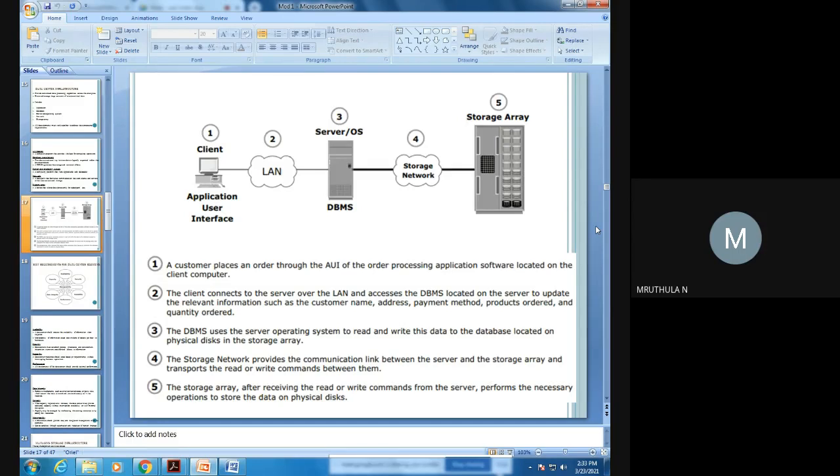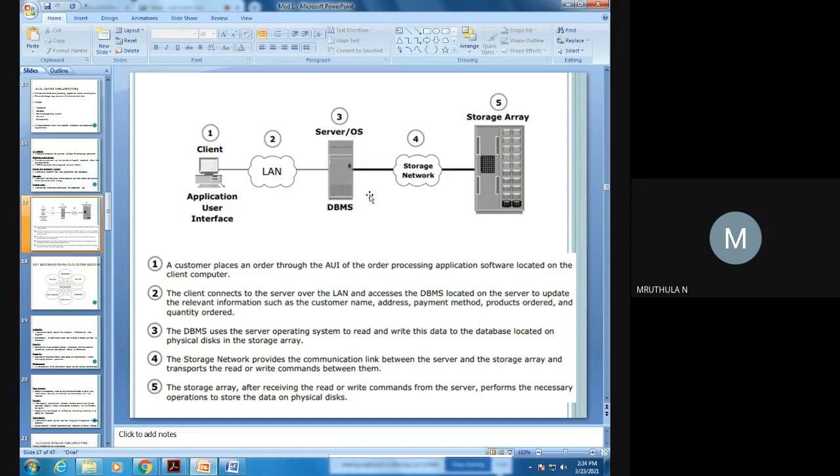Okay, so first, a customer is placing an order on a client machine connected over a LAN or WAN to a host server running an order processing application. The client can access the DBMS on the server through the application to provide order related information such as the customer name, address, payment method, products ordered, and quantity ordered.